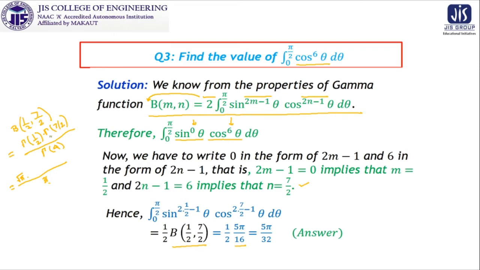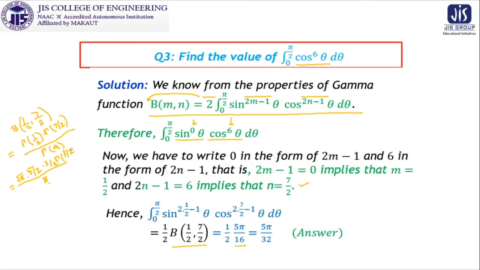So gamma n plus 1 is equal to n gamma n. So this will be written as gamma of 5 by 2 plus 1, so we can write it as 5 by 2 gamma 5 by 2. Then 5 by 2 can be written as 3 by 2 plus 1, so 3 by 2 gamma 3 by 2.